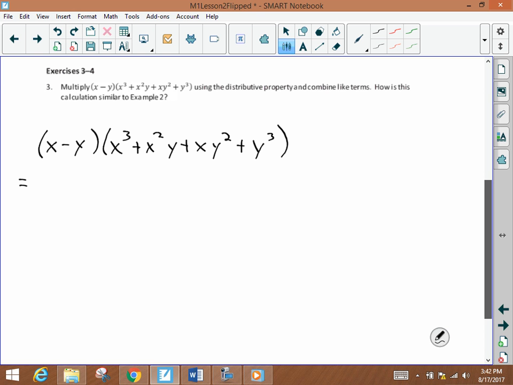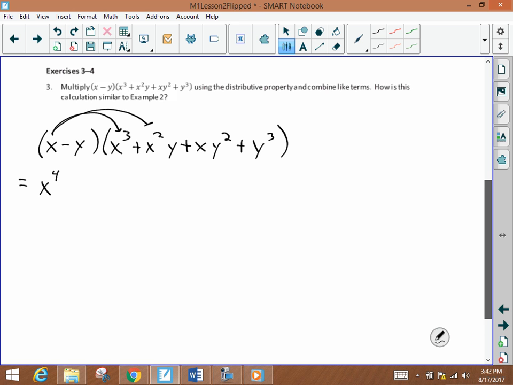So what that means is that this x term here has got to multiply everything inside of the parentheses, which has the x cubed plus x squared y plus xy squared plus y cubed. All right. So x times x cubed is going to be x to the 4th.